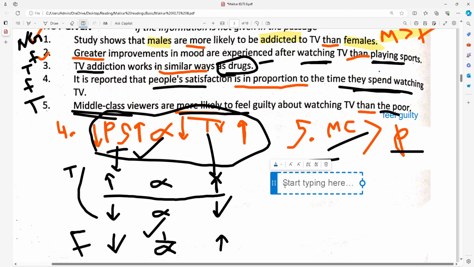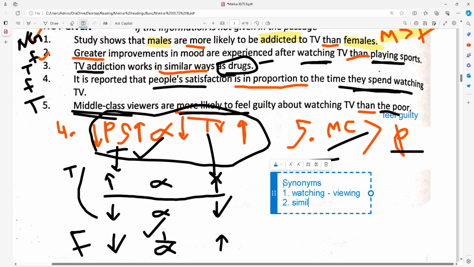Let's see. So let's write down synonyms of today's reading. First, males, the study shows they did not talk about males and females. We're not going to write it. Watching TV, then playing sports. For watching TV, they gave us the synonym that was viewing. Let's see next. TV addiction.